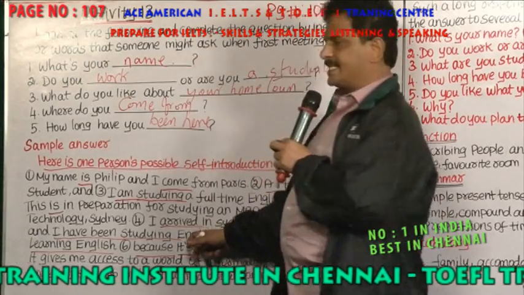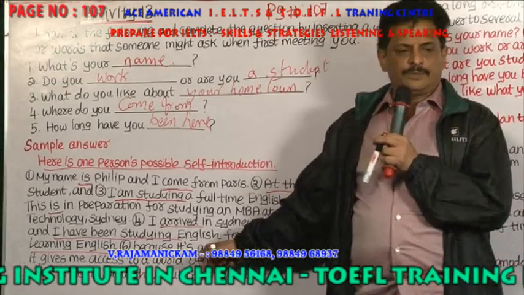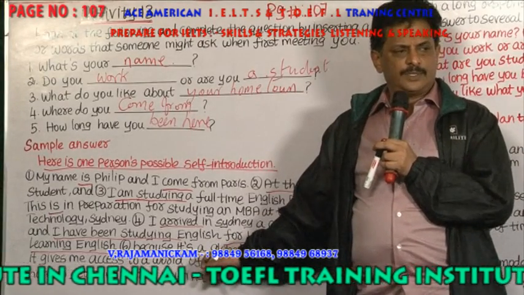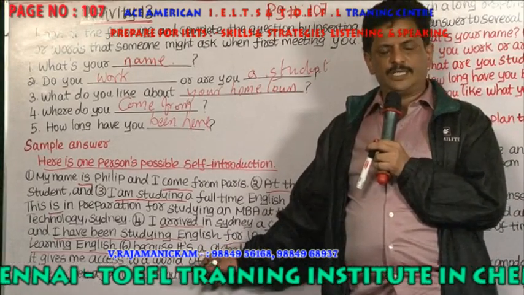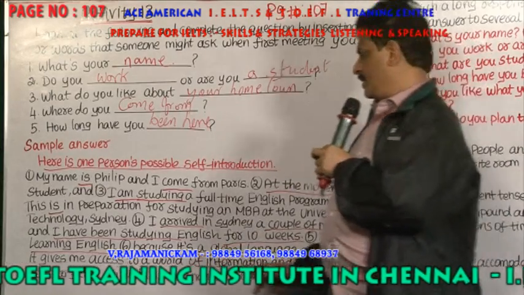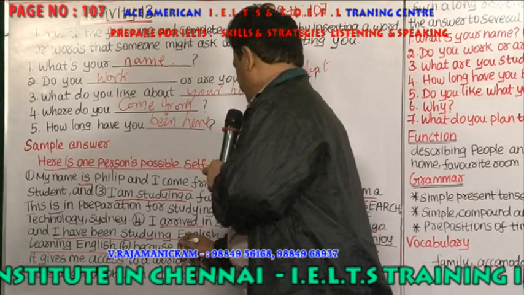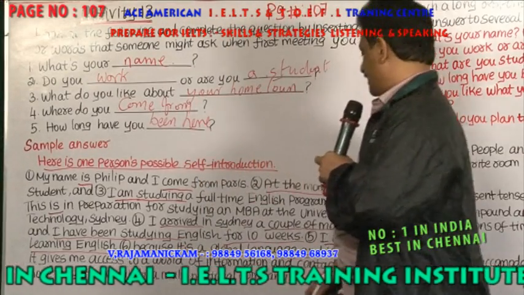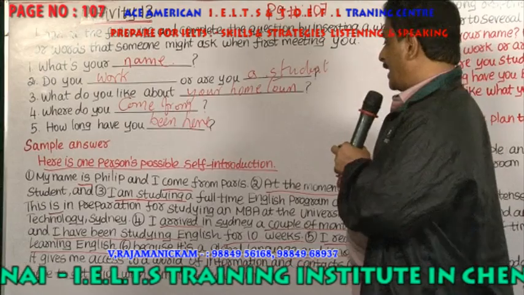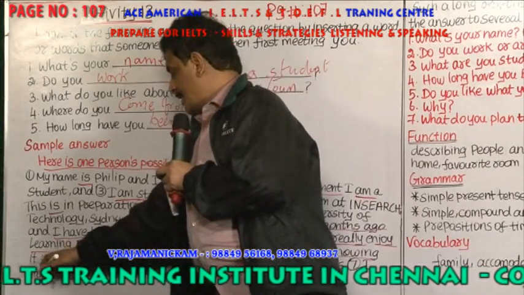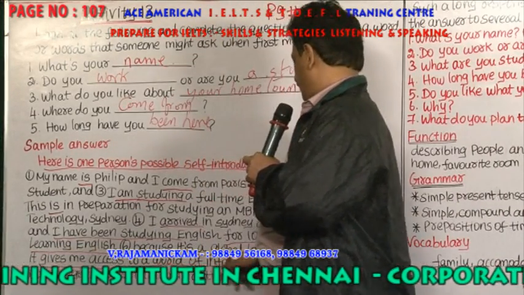Here, instead of it is, you're using the apostrophe s. If it is informal, you use it's; if it is formal, you use it is.